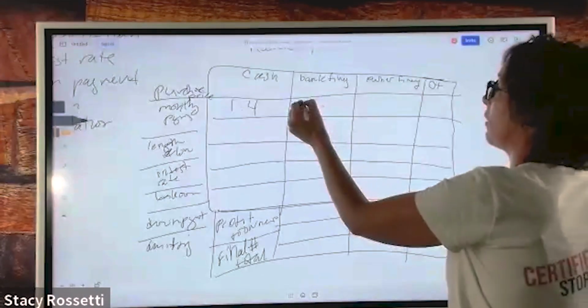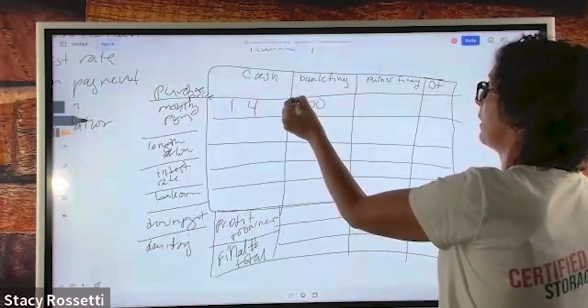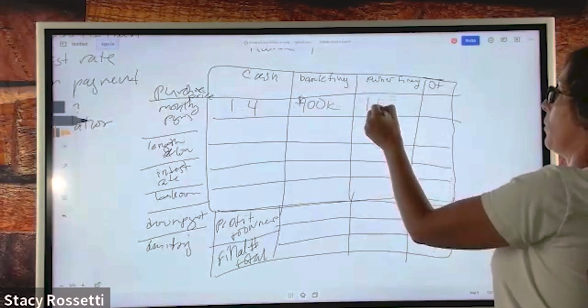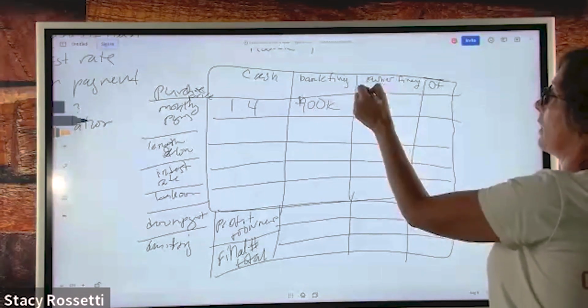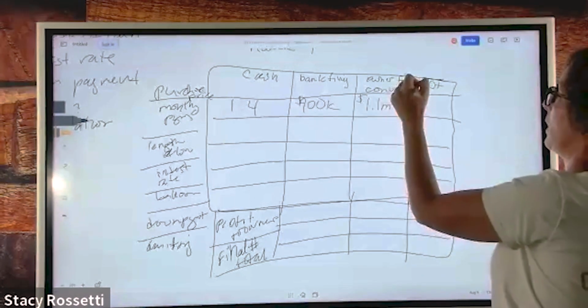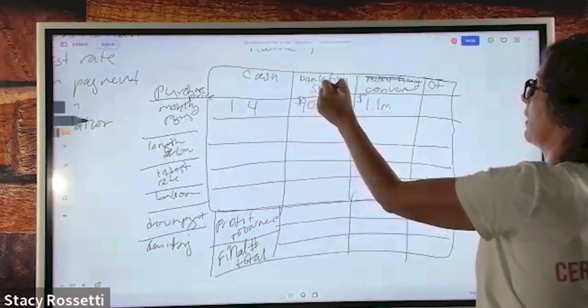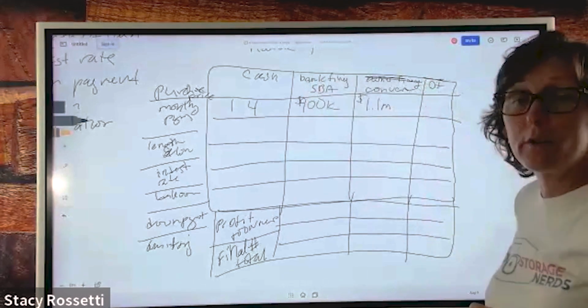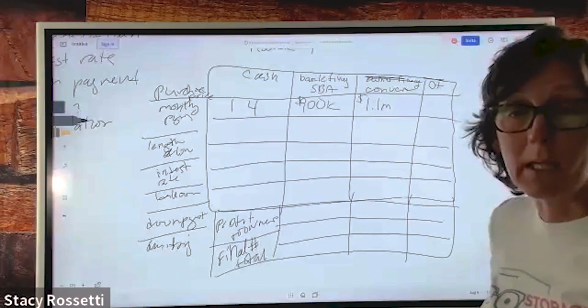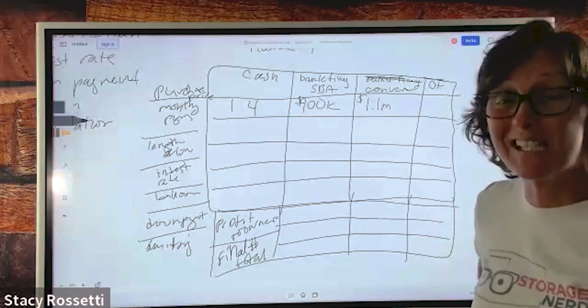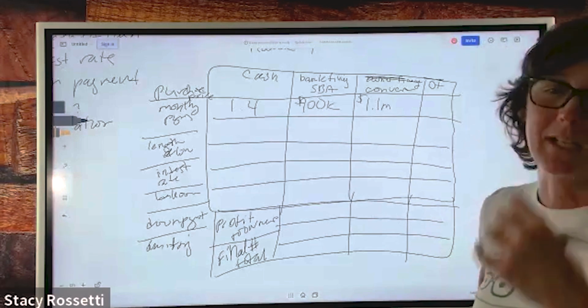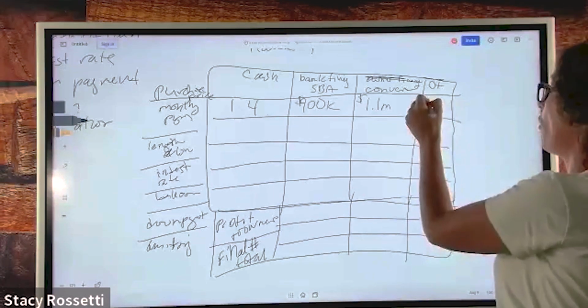So I would say okay, it's $900,000 here, it's $1.1 million here if I got conventional. Let's do conventional here, let's do SBA here. Now, if you owner finance this deal to me, I'll pay you $1.6 million or whatever it is, 1.5, 1.6.